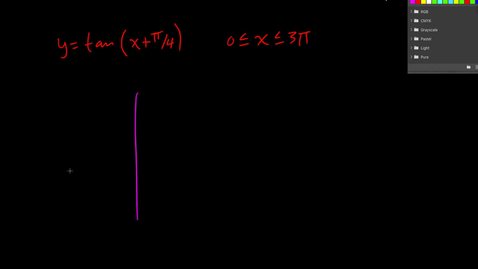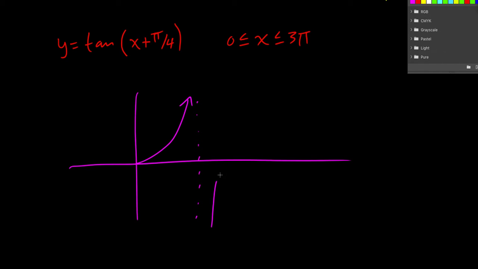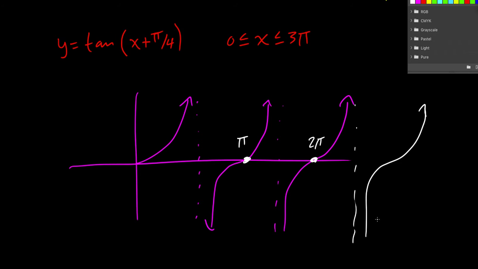So when we do that, let's graph our standard function first and see how far that takes us. So we get 0 to pi right here, and if we go from there to there, this would be 2 pi. And then if we go one more, 3 pi would be right there.